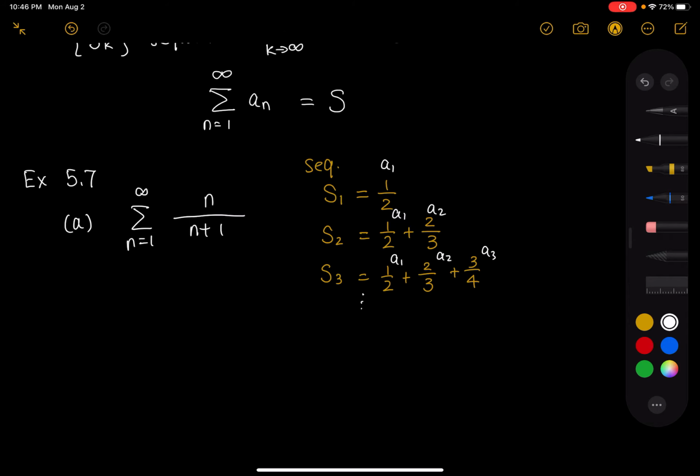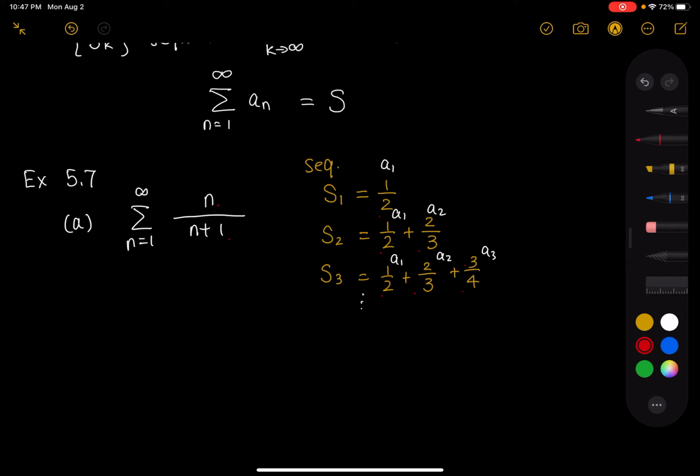So what do we notice? We notice that each term added is greater than 1/2. So this is 1/2, but every time you add a new term, it's always greater than 1/2. Why? Well, n over n plus 1 is very close to 1.